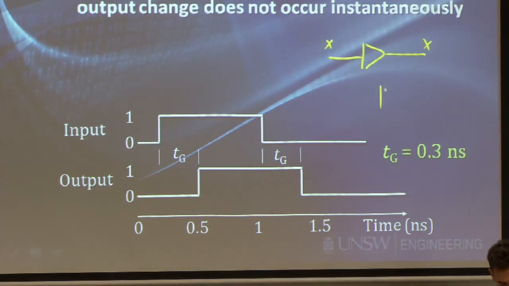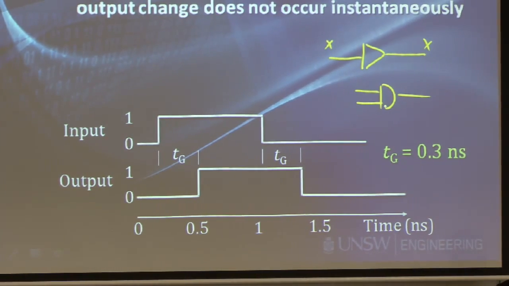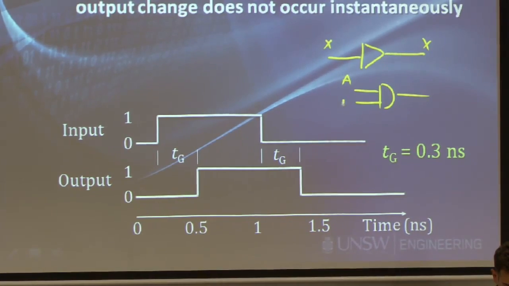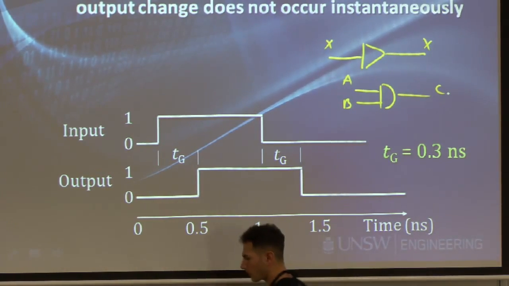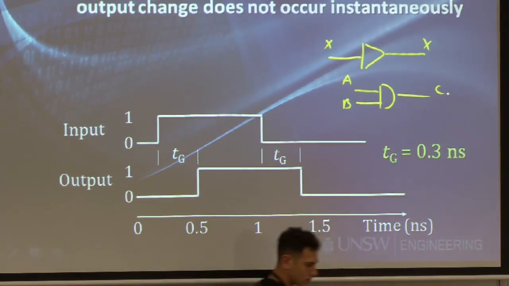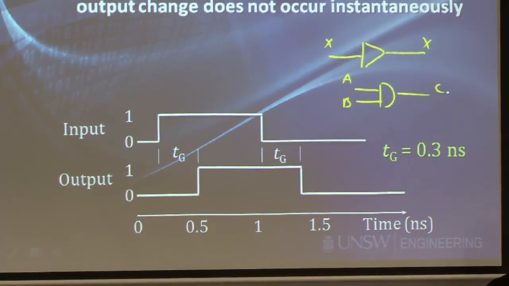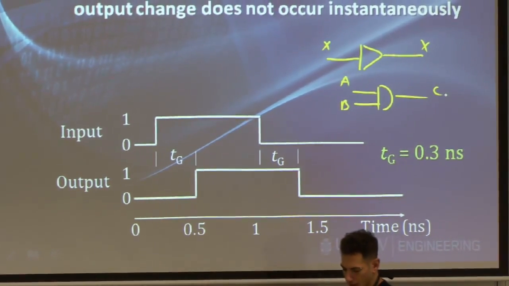Now, it also matters which input changes. That's, for example, an OR gate with two inputs A and B, output C. As we said, once one of those inputs changes and the output needs to change, it will take some propagation delay through the gate for the output to show up.